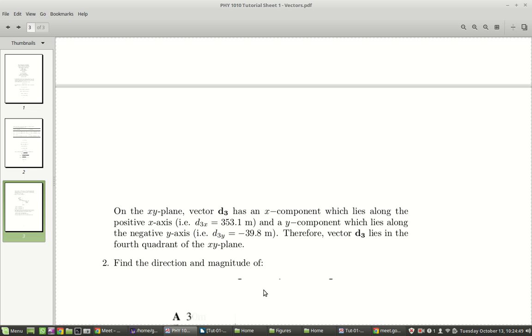But that's not normally how we measure angles, because we measure angles from the positive x-axis going anti-clockwise. That's what theta is. However, you can also work out an angle measured from the positive x-axis going in a clockwise direction, and that angle is phi.